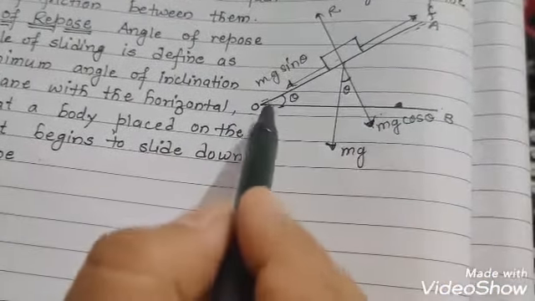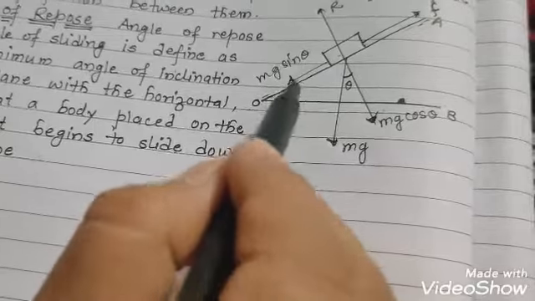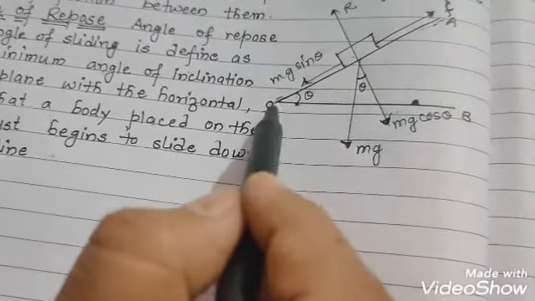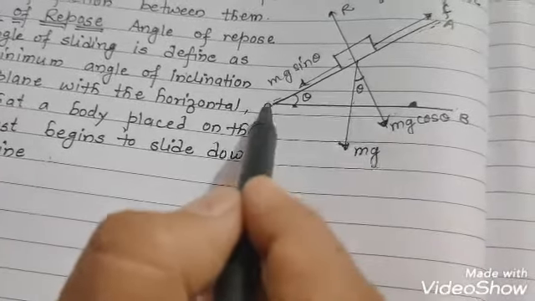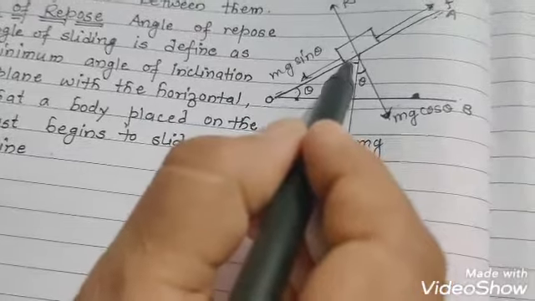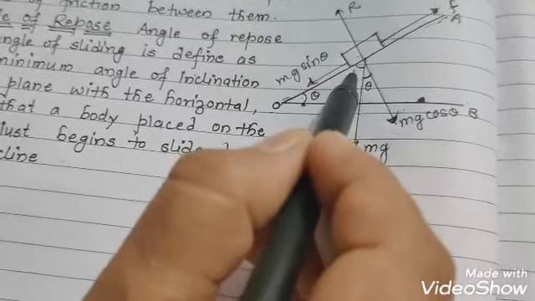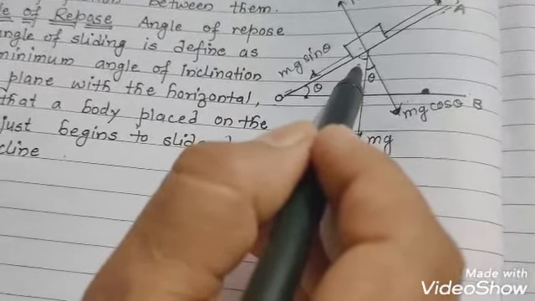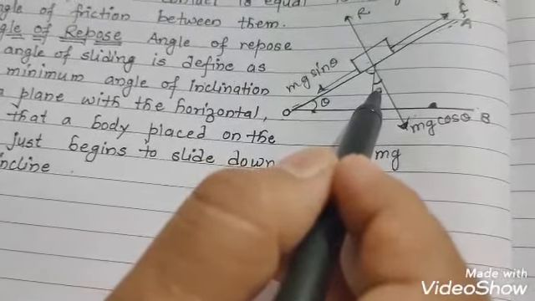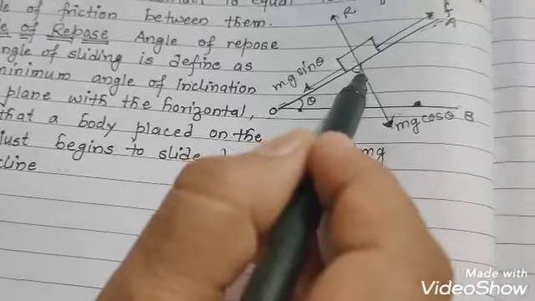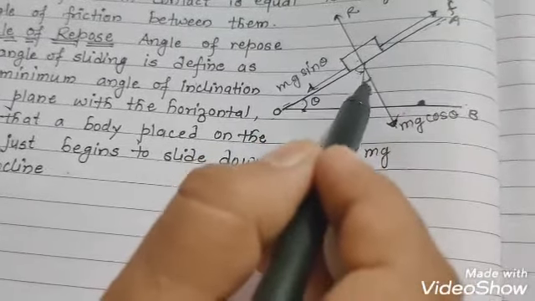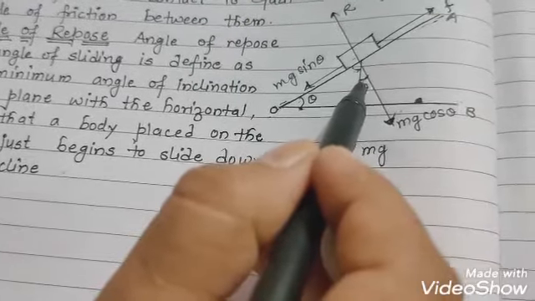Now you will see here, this angle is theta. So in this triangle, this angle will become 90 minus theta. If it is 90 minus theta, then obviously this angle will also be theta. The whole is 90, so this much is 90 minus theta, so this will also be theta.